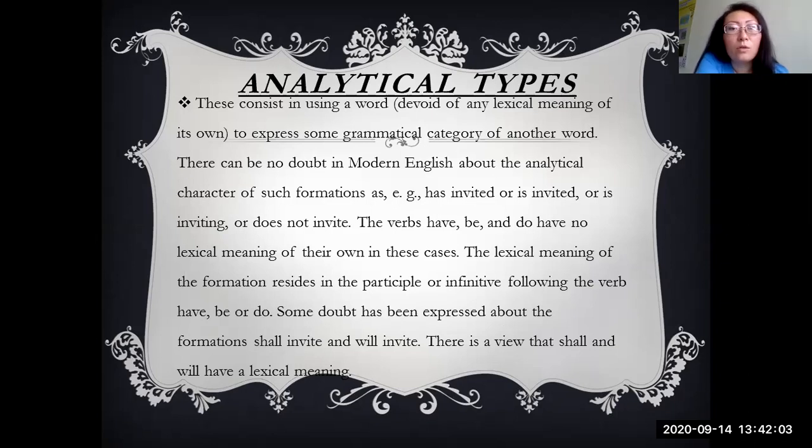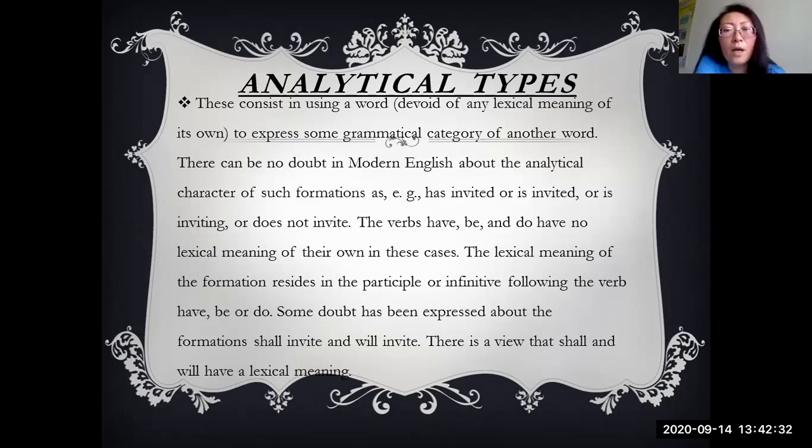These consist in using a word devoid of any lexical meaning of its own to express some grammatical category of another word. There can be no doubt in modern English about the analytical character of such formations as, for example, has invited, or is invited, or is inviting, or doesn't invite.